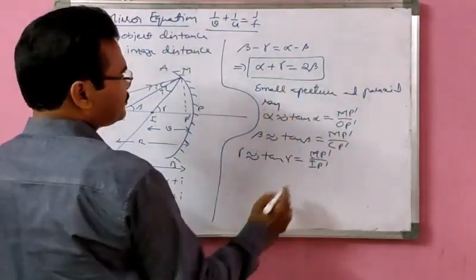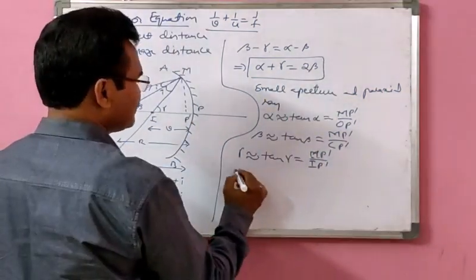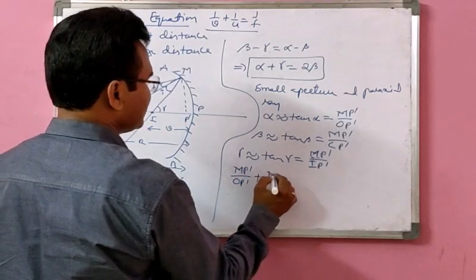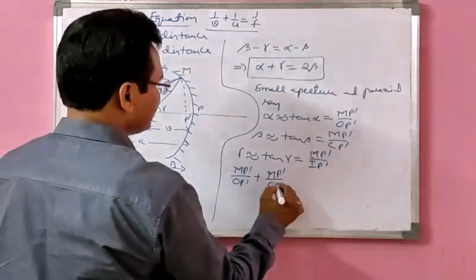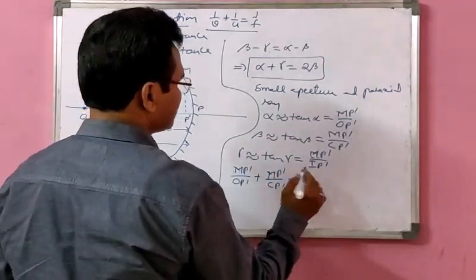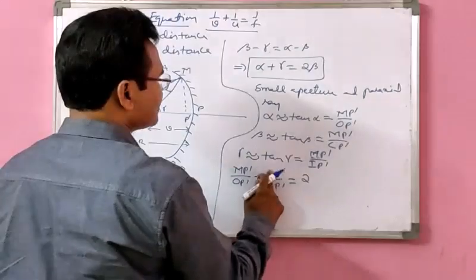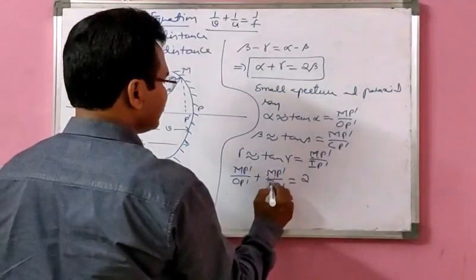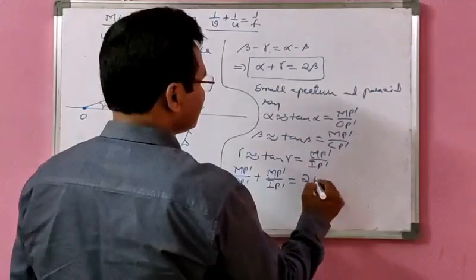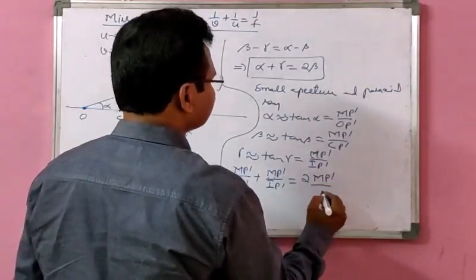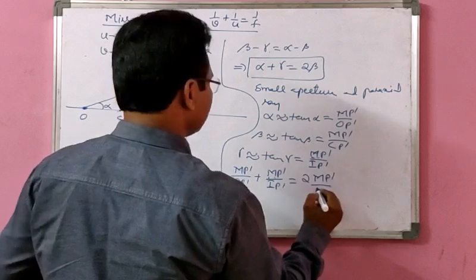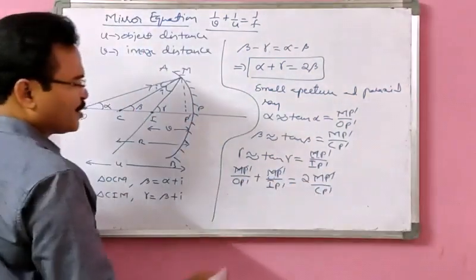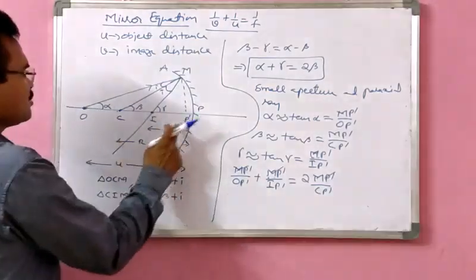Write these values here. First one, alpha, that is MP dash by OP dash plus MP dash by CP dash equal to 2 times, I'm sorry, this is IP dash, better because gamma is there. MP dash by IP dash equal to 2 times MP dash by CP dash. So MP dash cancels out. 1 by OP dash, OP dash is what?